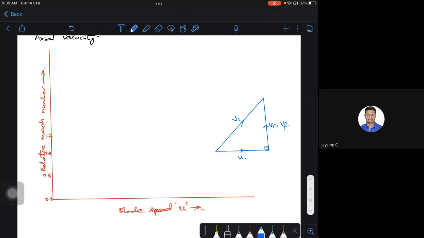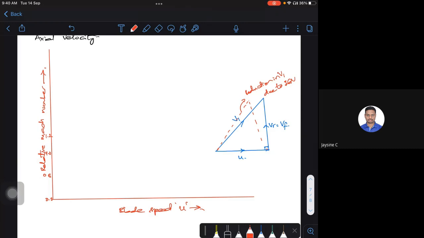Suppose there is a little bit of guide vanes. If I use a guide vane IGV, my V1 will become smaller, and this is what I'm going to show. I could see a reduction in my velocity due to the IGV guide vanes.